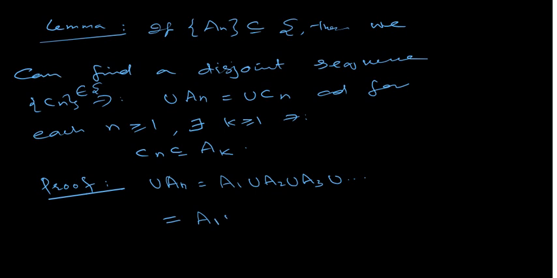I will write this A2 को मैं रिप्लेस करूँगा A2 माइनस A1 से. इसी तरह से मैं A3 को रिप्लेस करूँगा A3 माइनस A1 यूनियन A2. यहाँ तक ठीक है, जो हमने सेकेंड लेक्चर में किया था.